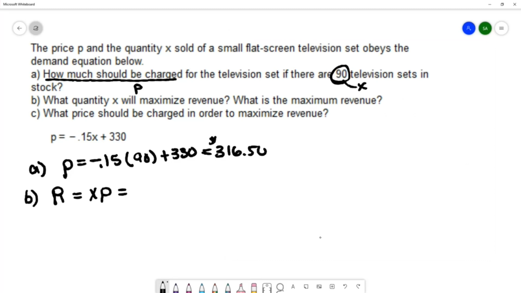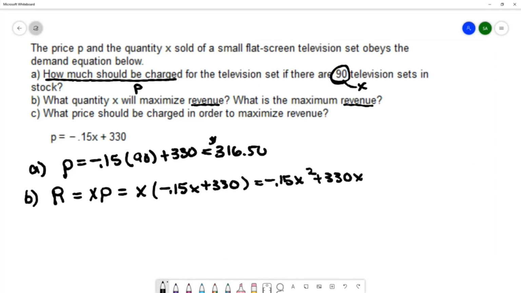So we need to build the revenue function, X times P. It's going to be X times negative 0.15X plus 330. And I'll use the distributive property to get negative 0.15X squared plus 330X.